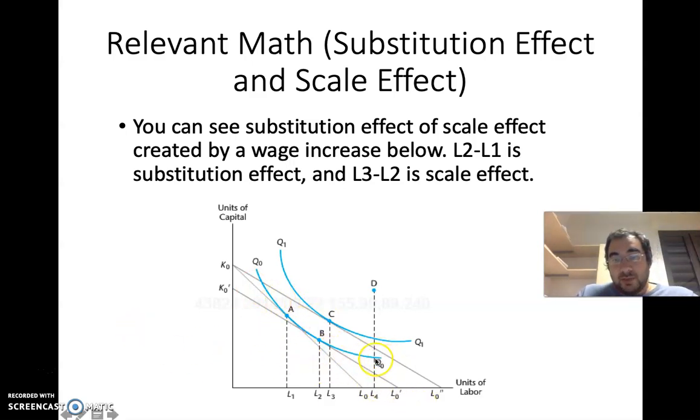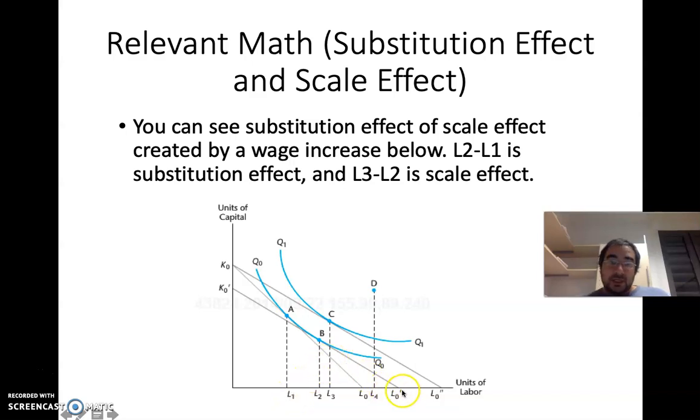But the maximum quantity that could be reached is the same as the old budget line, Q0. So it shows you just the effect of the decrease in the relative price of labor compared with capital. And this will lead the amount of labor bought to increase from L1 to L2. So L2 minus L1 is the substitution effect.